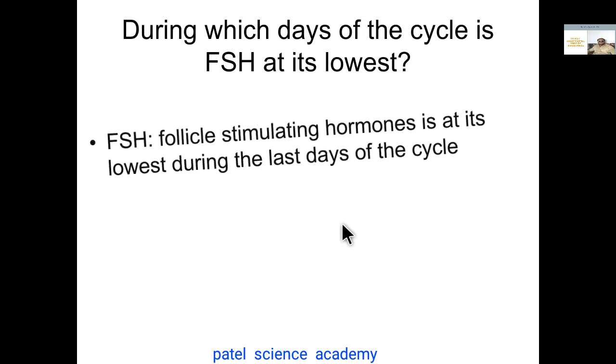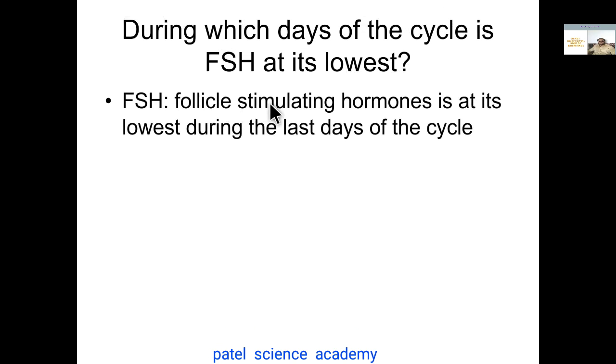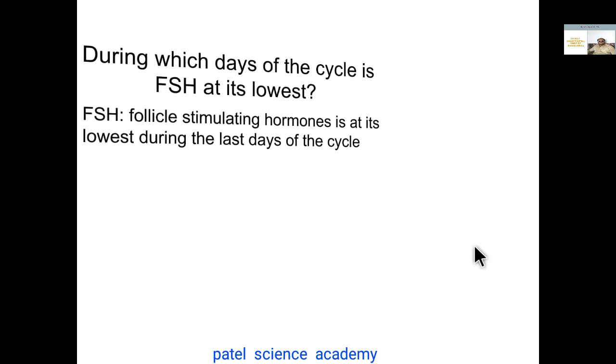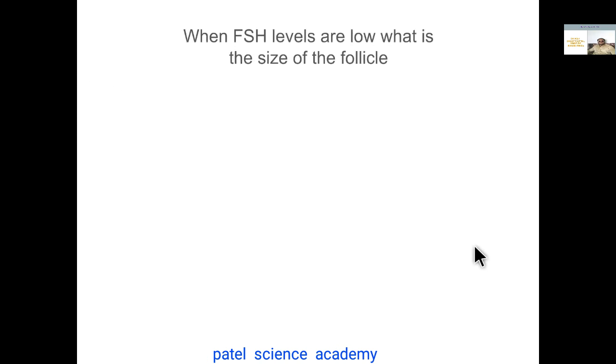Dear students, the answer is here. Follicle stimulating hormone is at its lowest during the last day of the cycle, meaning on the 28th day of this cycle, the follicle stimulating hormone level is very low.